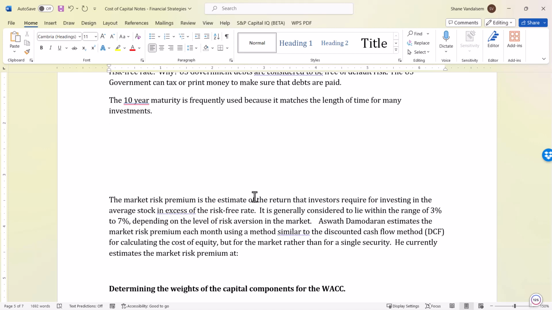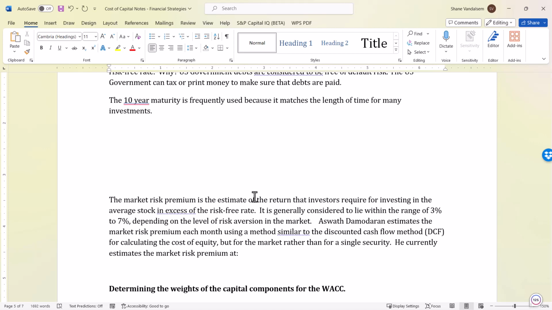The market risk premium does fluctuate. Sometimes it's lower, sometimes it's higher, and that depends primarily on how investors feel about the market, how much risk aversion they have. So are they trying to avoid risk, or do they see a lot of risk coming in the future? The greater the level of risk aversion, or the greater the perception of the riskiness of the market, the greater that market risk premium is going to be.